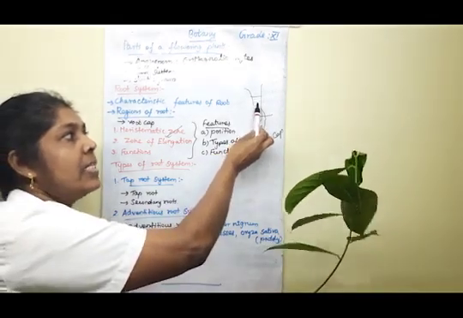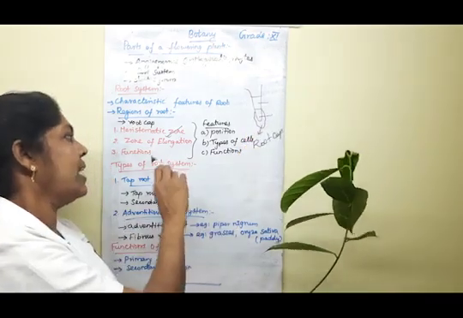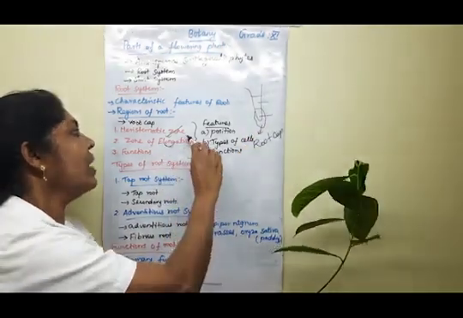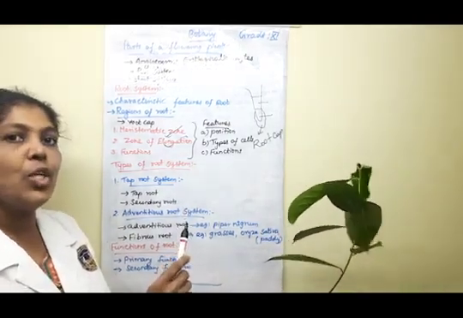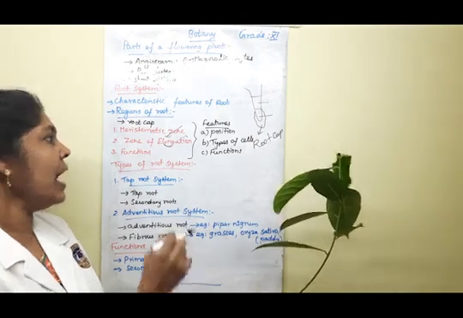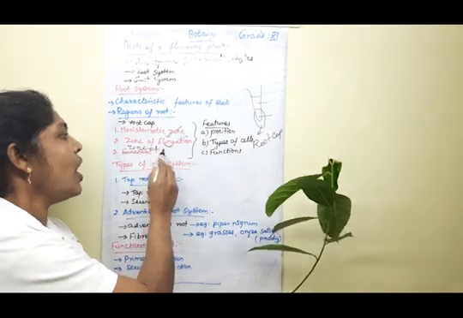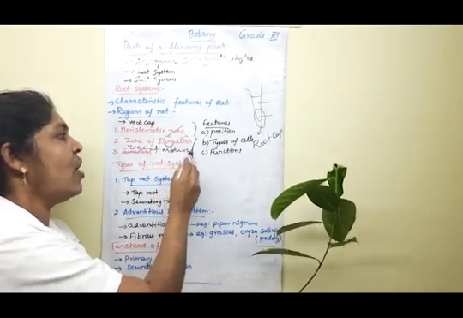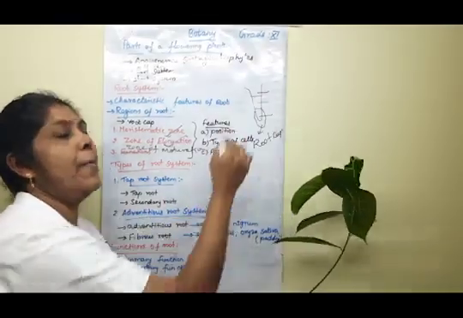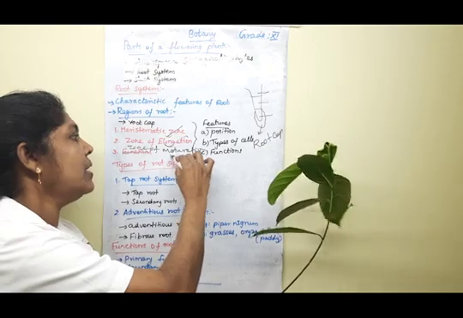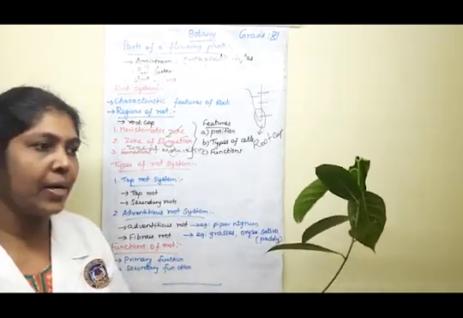Then above the meristematic region is the zone of elongation. Then the third zone is called the zone of maturation. Understood, ma? Understood, children? Say yes or no?